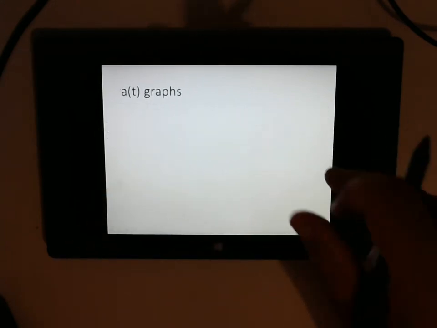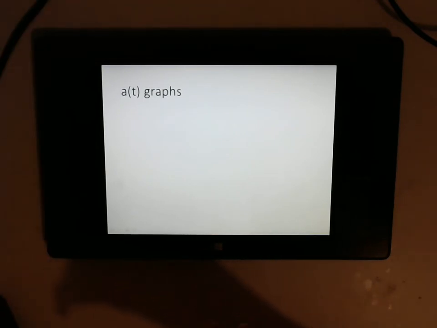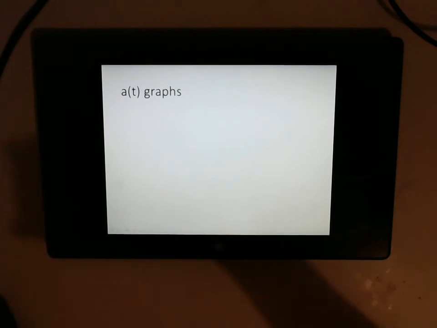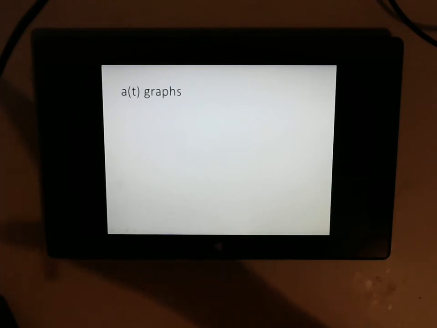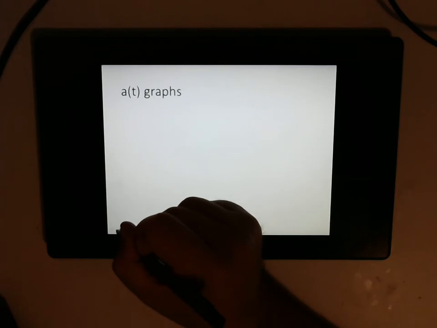Now, AT graphs, these are not very common. We haven't dealt with acceleration much, so we'll see a little bit more of them as we deal with acceleration more. But with acceleration, the area is useful, but the gradient not so much. So let's look at the area.